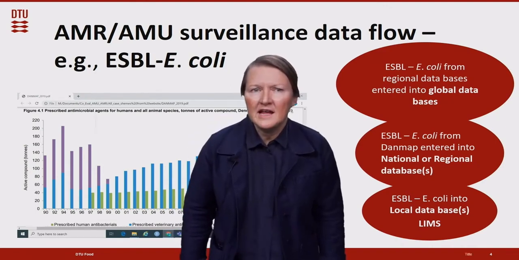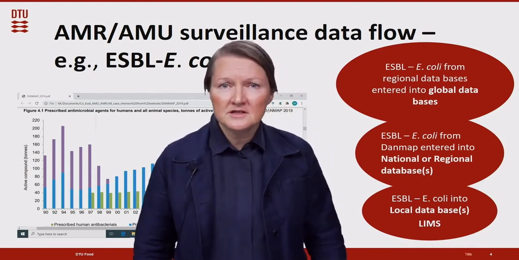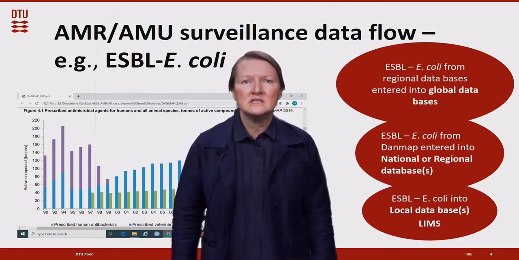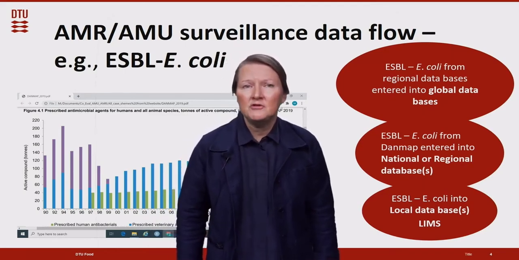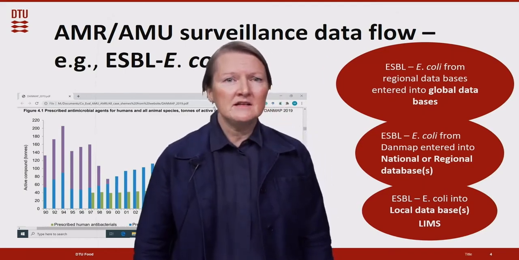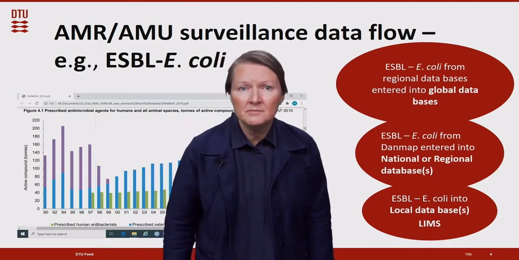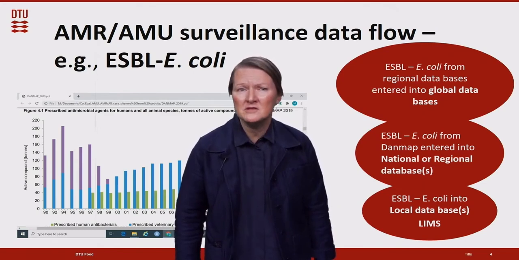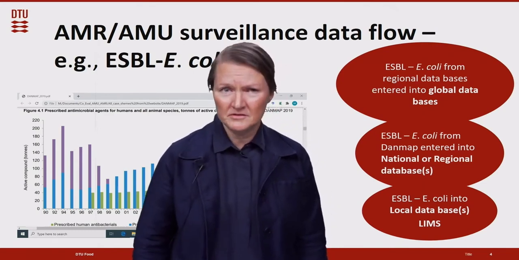As a part of an antimicrobial resistance surveillance system, some countries also measure the antimicrobial usage as a part of the system. That could be done very advanced, measuring the usage from all the compartments in the system, or it could be done simpler by doing studies of some compartments over a limited period of time.